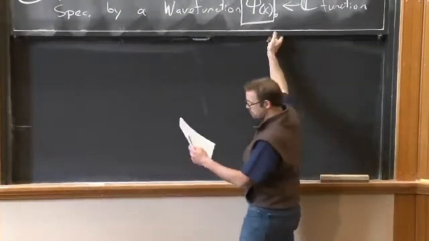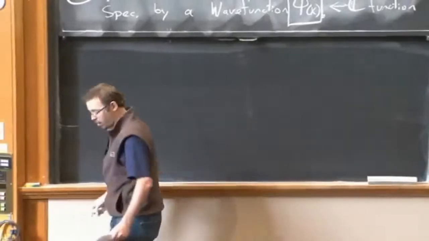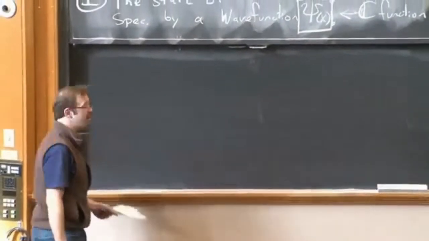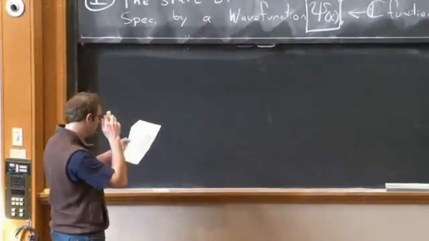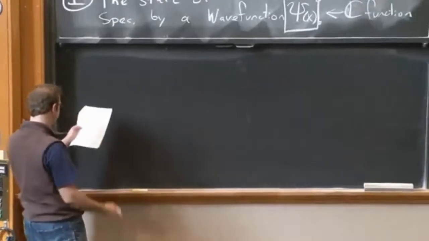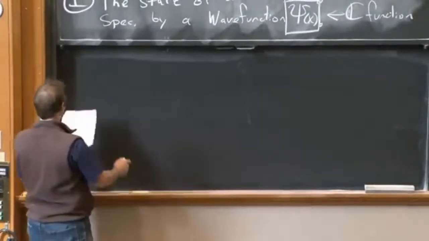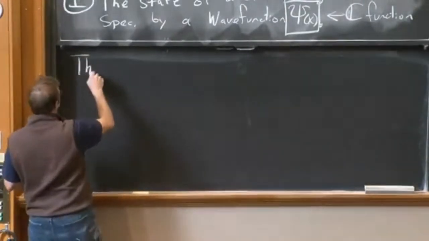And I want to do that now. You should all have seen Fourier series in 803. Now we're going to do the Fourier transform. And I'm going to introduce this to you in 804 conventions in the following way. The theorem says the following. We're not going to prove it by any stretch of the imagination.